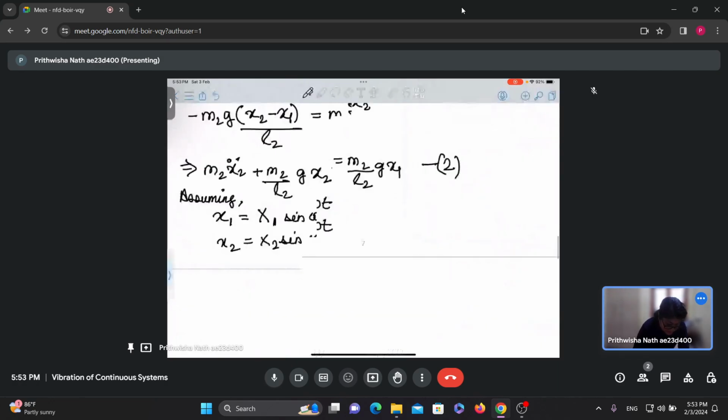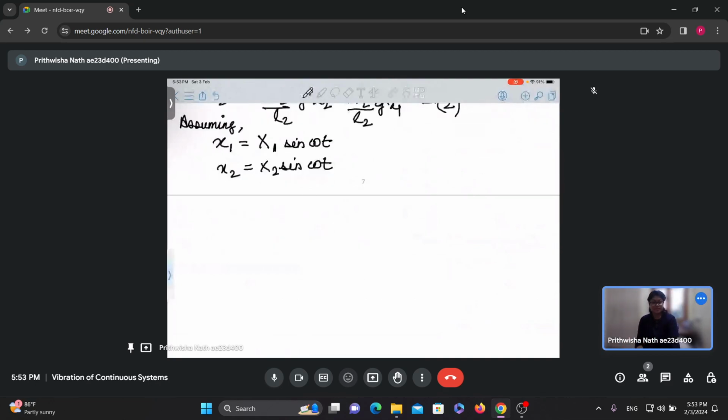So we substitute this in the above equation. We substitute the value of x1 and x2 in the equations that we got just now. So the final equation which we get is this. So first we substitute this, minus m1 omega square.